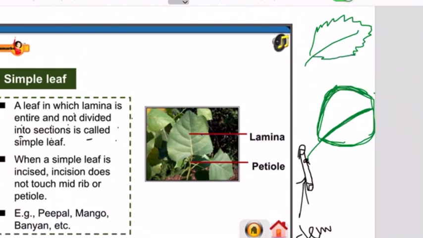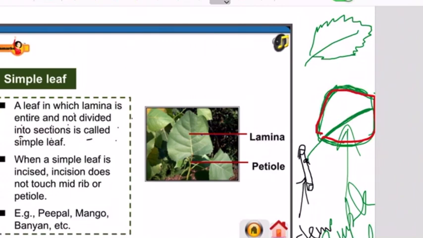So this is a kind of simple leaf, where the leaf blade or lamina is not divided.